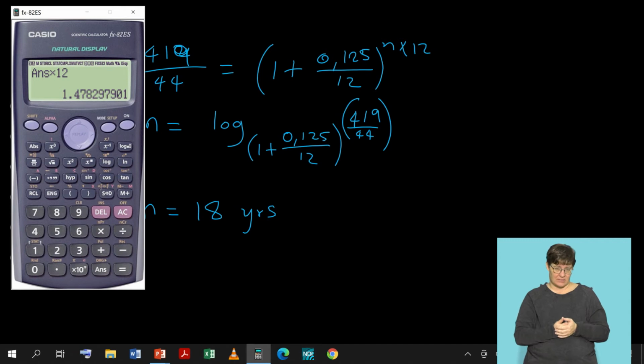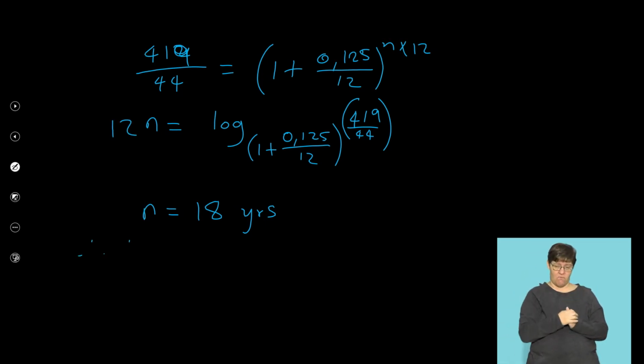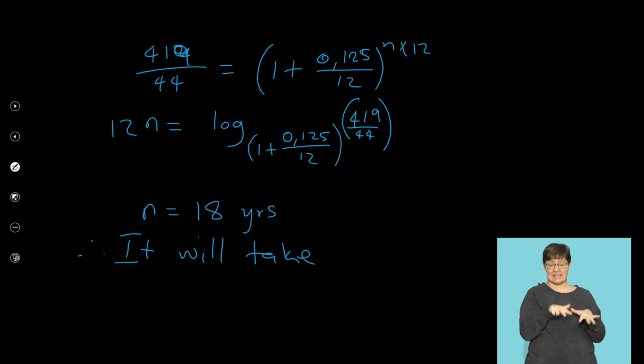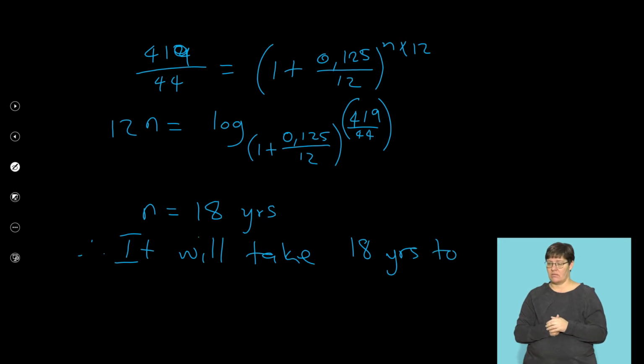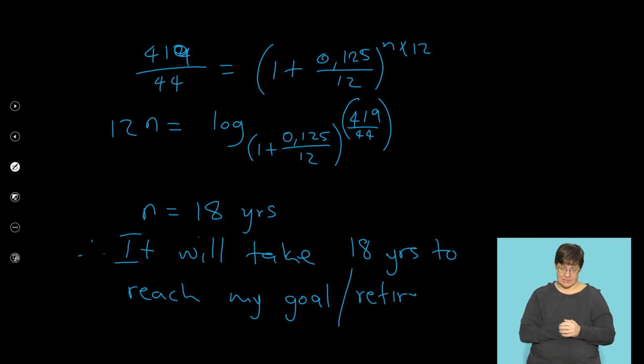And after months, it's weeks, and after weeks, it's days. So it is always just a long calculation. But here you need to conclude: it will take 18 years to reach my goal. Or you can say 18 years to retire, because that's what they wanted us to do.